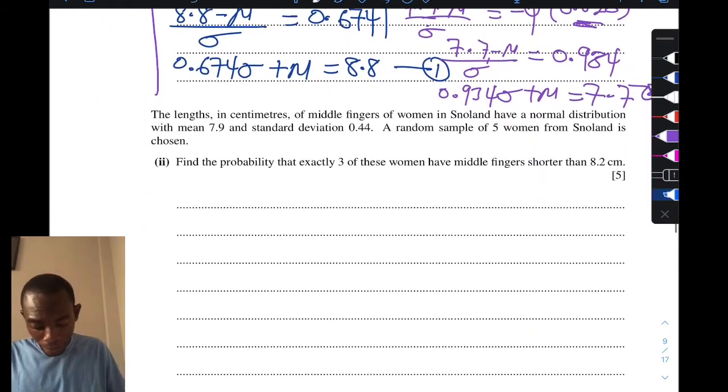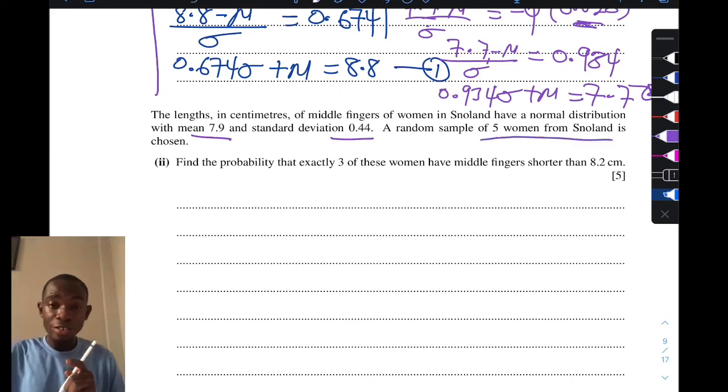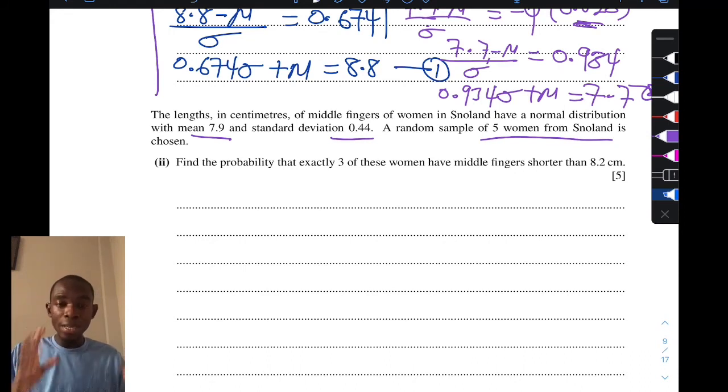Now it says that the lengths of the middle finger have a normal distribution with the mean and the standard deviation, and then a sample of 5 women is chosen. So this is quite tricky. They have given you a sample, then that would mean that it is definitely going to follow a binomial, okay?